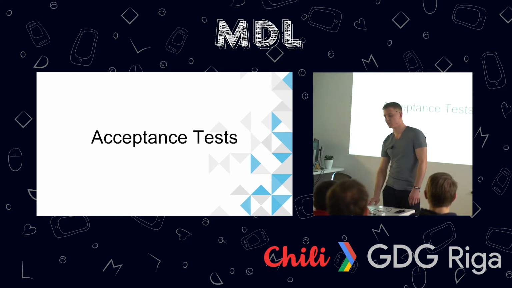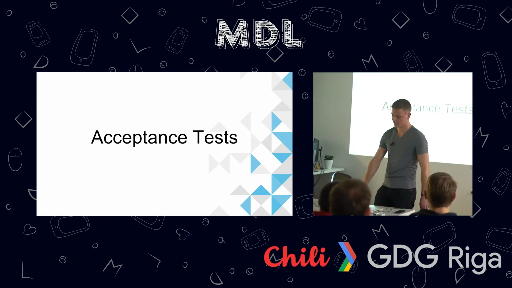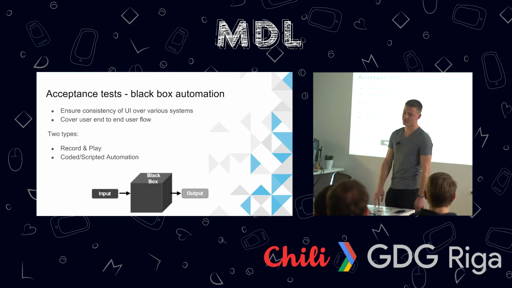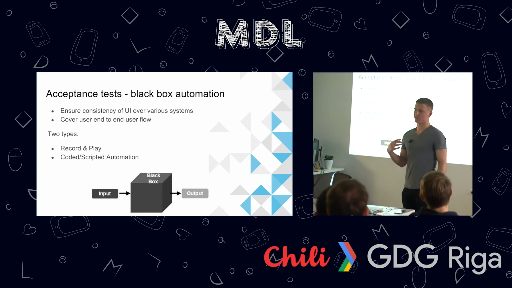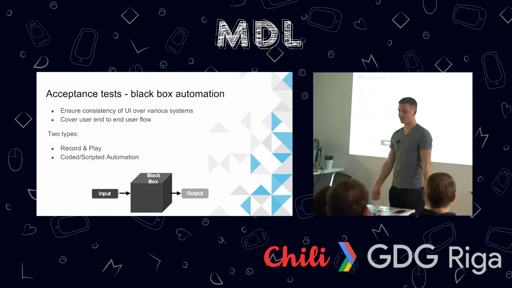So the next level is acceptance tests, which are usually black box automation. This level is used to ensure that the business requirements are working, and that the user interface is working on different devices and different screen sizes.